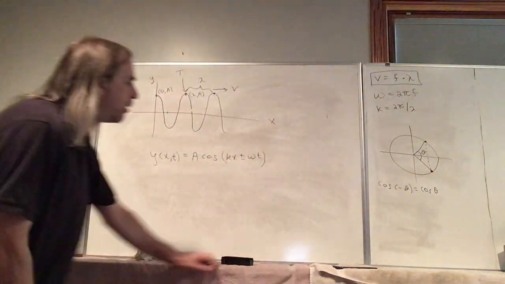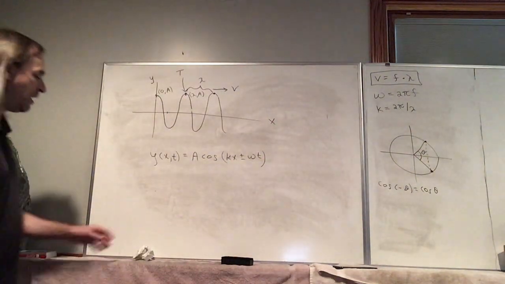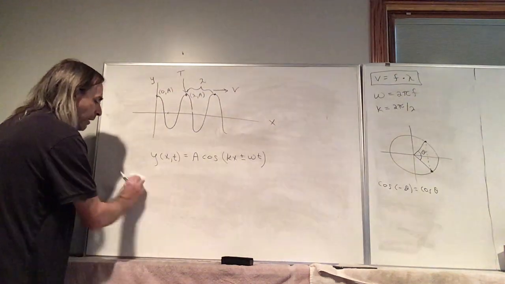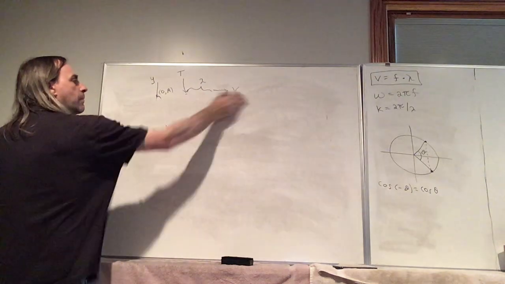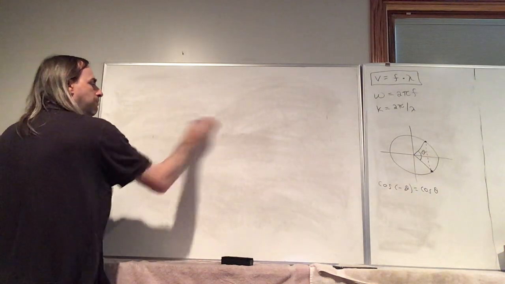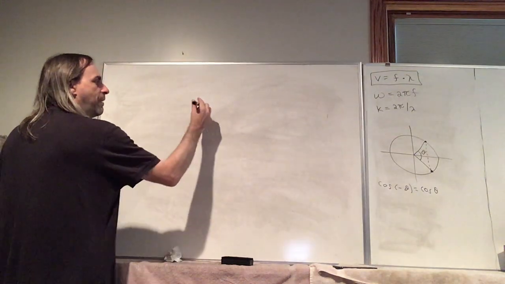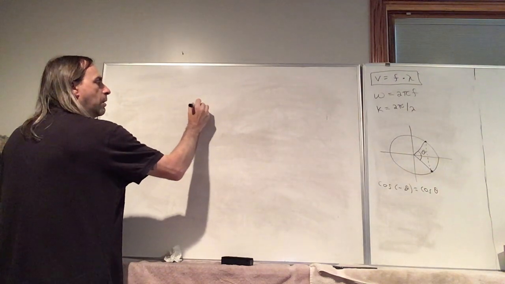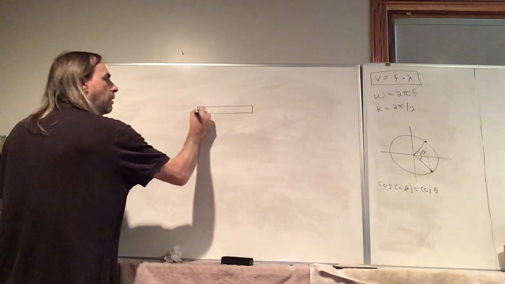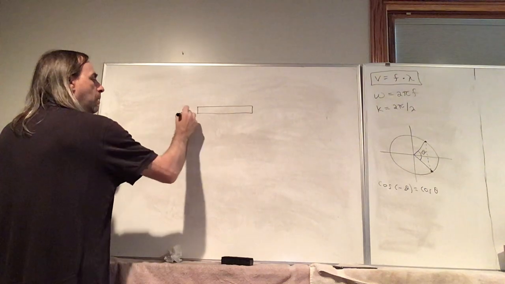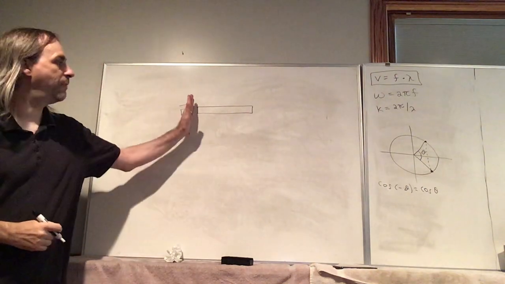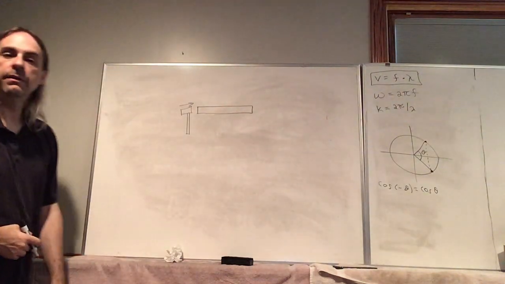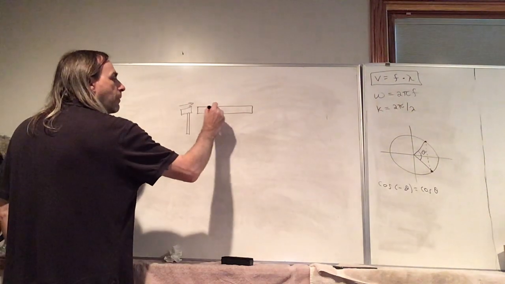There's one more thing we want to talk about, and that is the speed of a wave. That's something that's actually pretty interesting. Say we have like a metal bar, and you take a hammer and hit the bar. You're going to create a wave, like a compression wave, that travels down the bar.